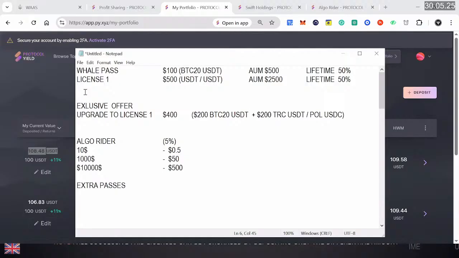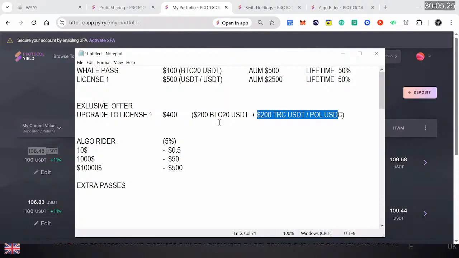So all members who have purchased whale passes will be able to upgrade to $500 license 1 and get an AUM of 2,500 by depositing only $400, 200 of which would be your BTC20 and 200 would be in TRC20 USDT or Polygon USDC.